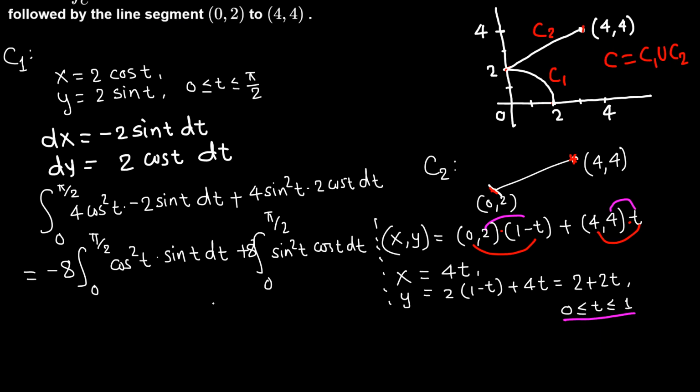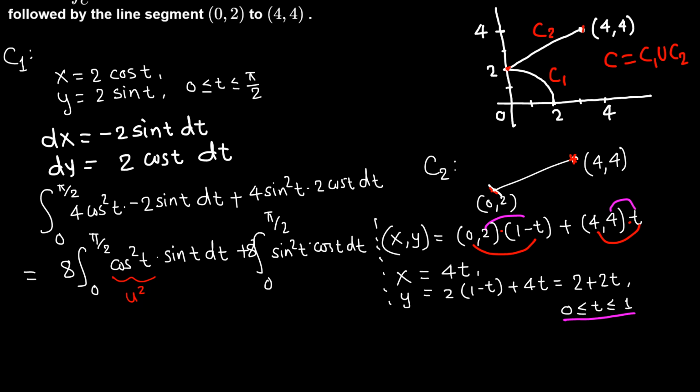Okay, so we got a product, and we know the derivative of cosine is negative sine, so we can use u substitution. If we take u to be cosine, then this is u squared, and the derivative of cosine is negative sine. We don't have the negative, but we can always multiply by negative 1, or this negative we could have left inside here.